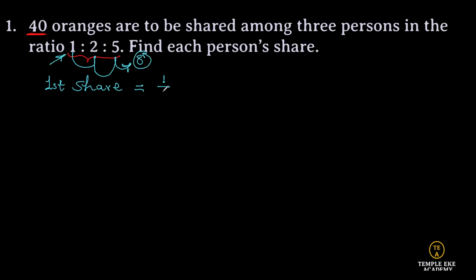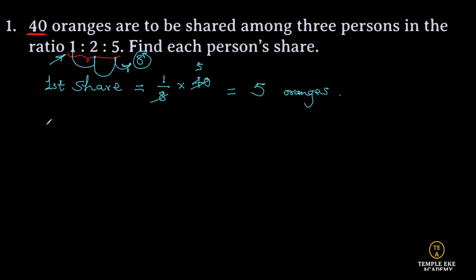So 1 out of 8 parts belongs to the first person. So multiplied by the total number of items to be shared, and that is 40. And now we can easily find this. 8 divides into 40 5 times. And ultimately, that means the first person has 5 oranges. It's as simple as that.